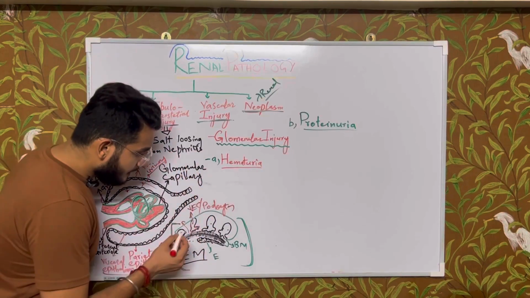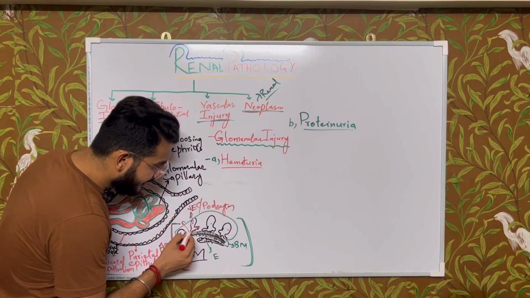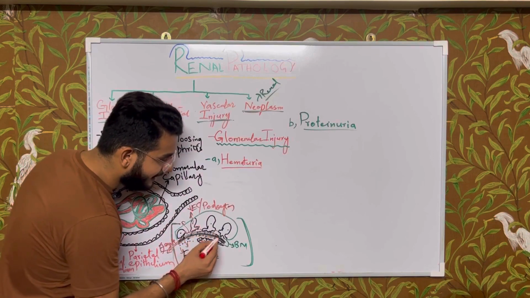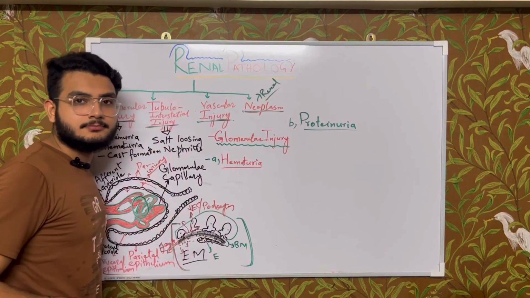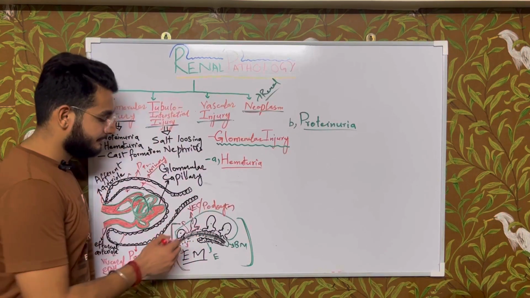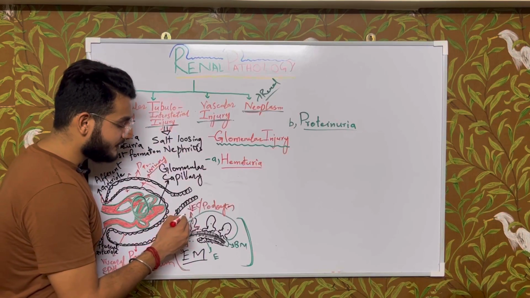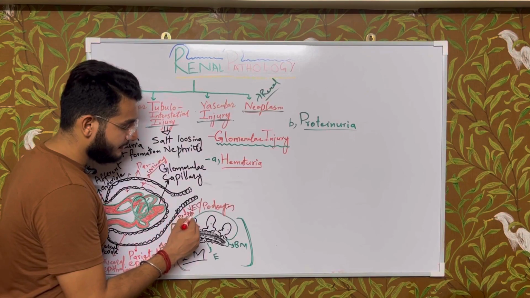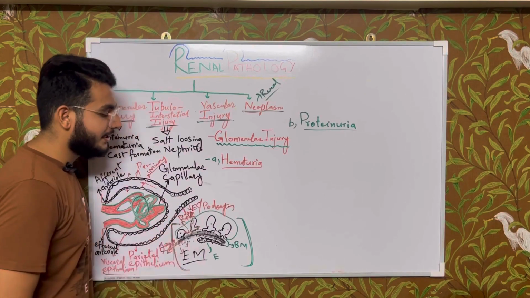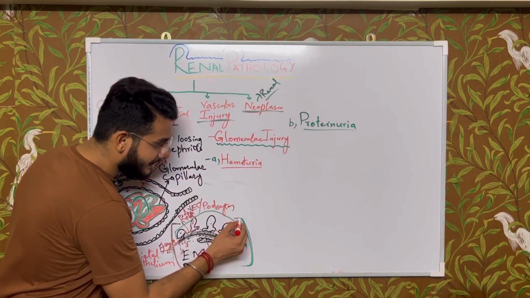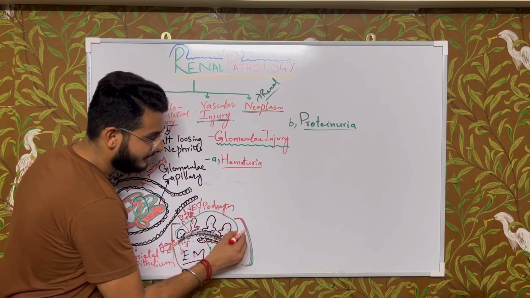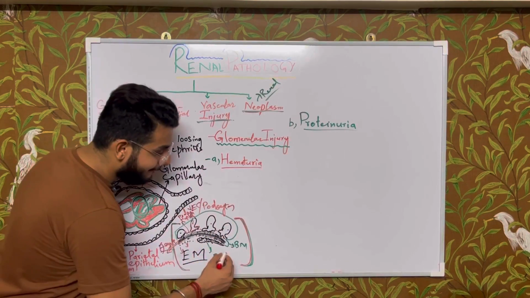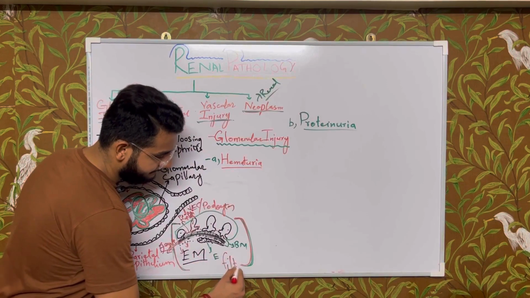This filtration slit is bounded by the filtration diaphragm, which is made up of podocin and nephrin proteins. The structure as a whole is known as the filtration membrane.